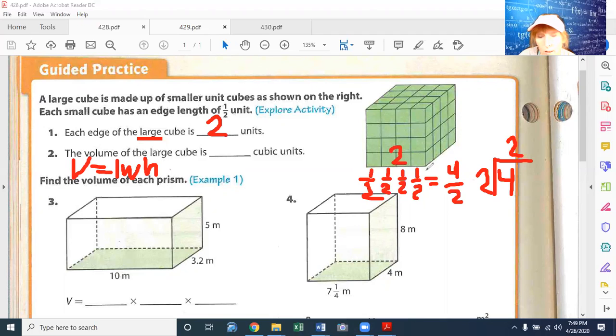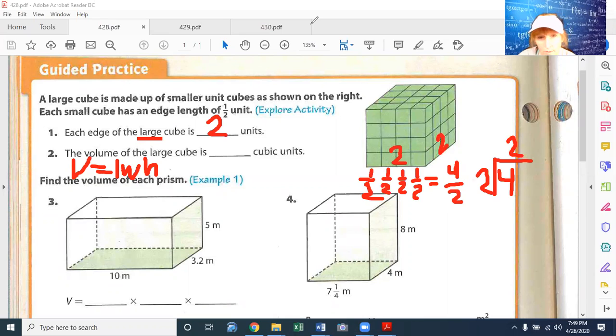The width would be this right here. Well, how many cubes do you have? 1, 2, 3, 4. And each cube is half a unit. So again, you have a half plus a half plus a half plus a half. So you're going to have a total of 2 units for the width of this big cube.